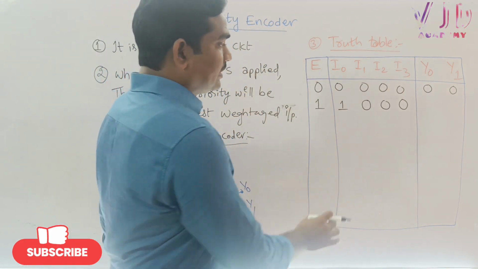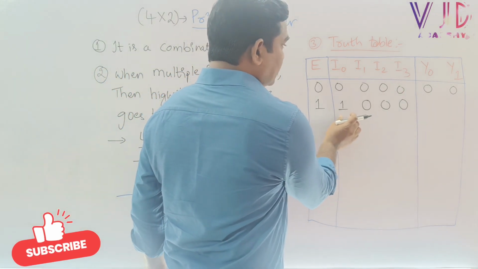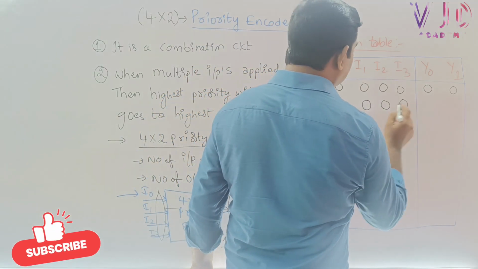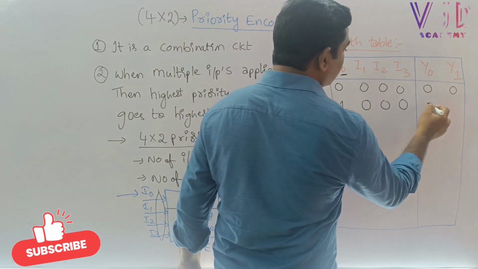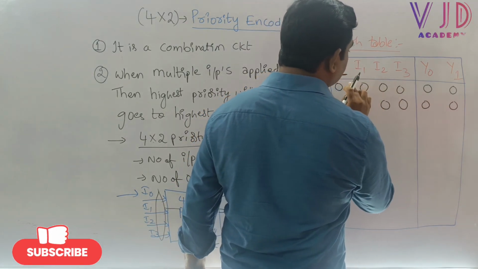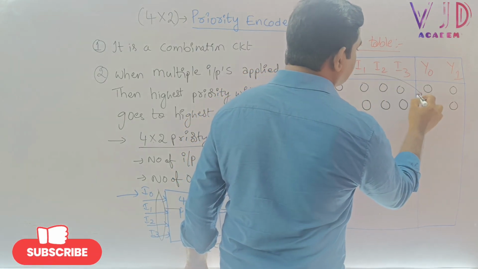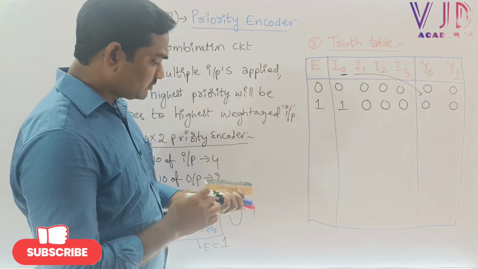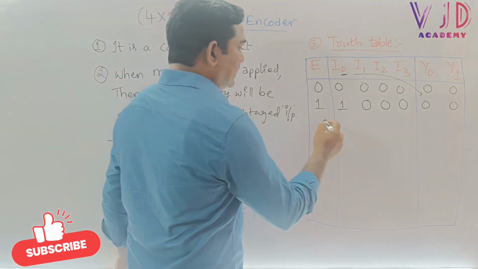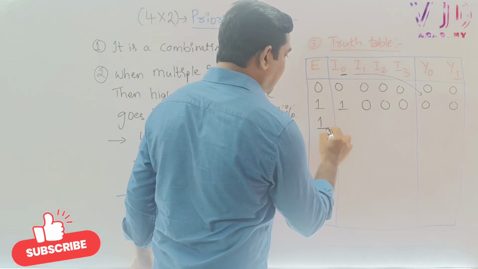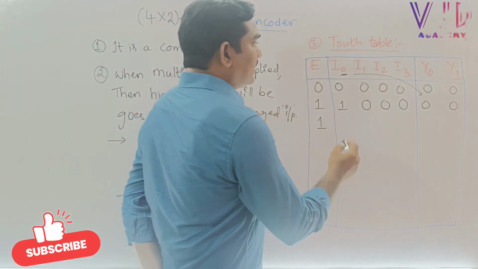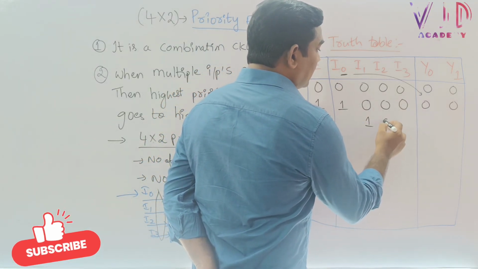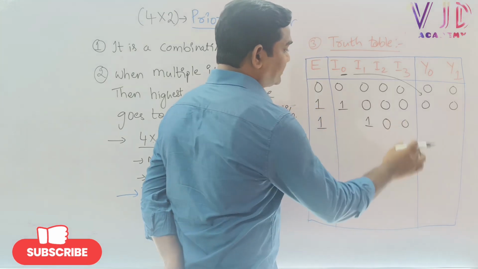Based upon the input, I0 is 1, so both outputs will become 0. The data will be converted to binary 0. Now coming to the next one, enable input is again 1, and now we make I1 equal to 1 and all remaining inputs zeros, as in a basic encoder.